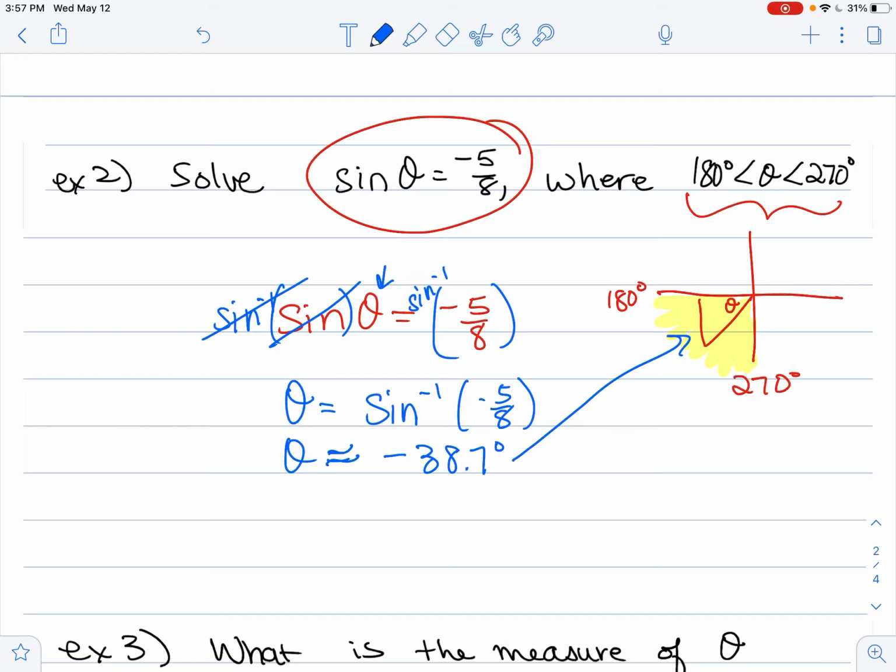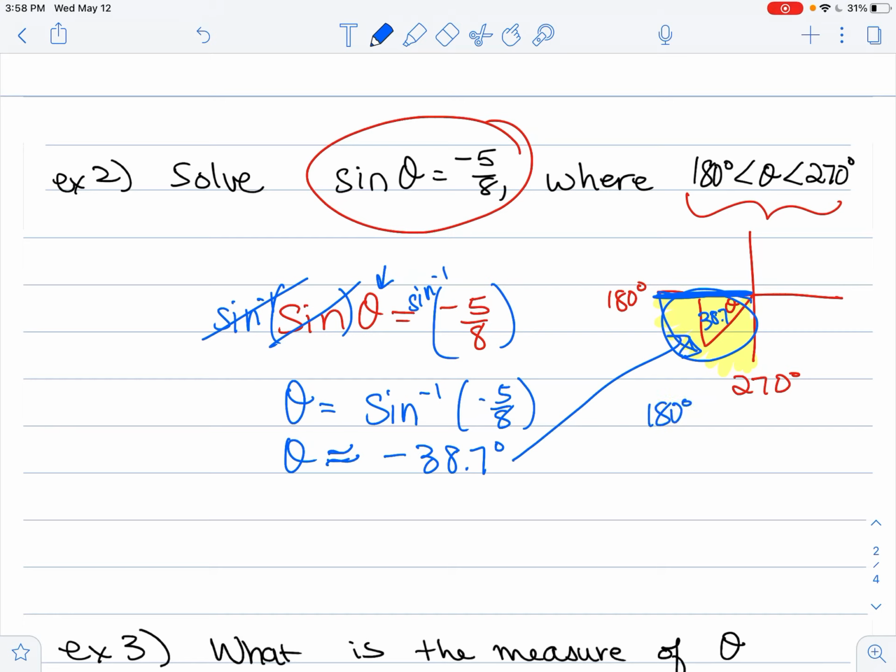So keep in mind that sine, again, has to be a value of negative. We know sine is negative in the third quadrant. So a 38.7 degree angle in the third quadrant here means from this 180, it goes down 38.7 degrees.